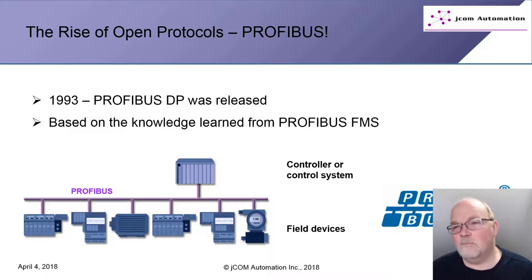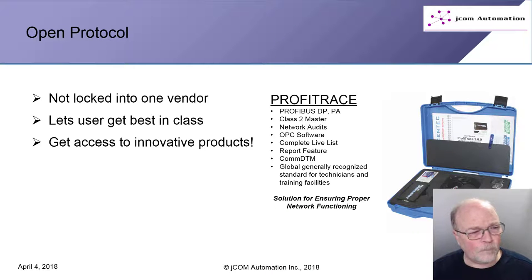At the same time, DeviceNet and ControlNet were being developed as well. The big thing with the open protocols, you weren't locked into any one vendor. Lets users get the best in class, and another effect of it was on innovation.